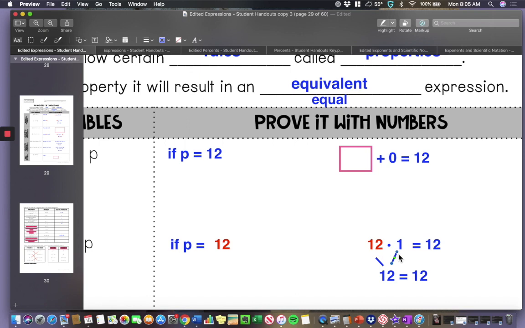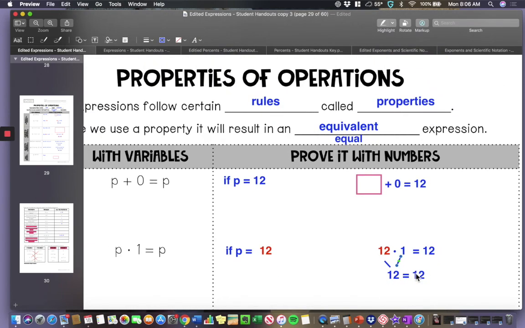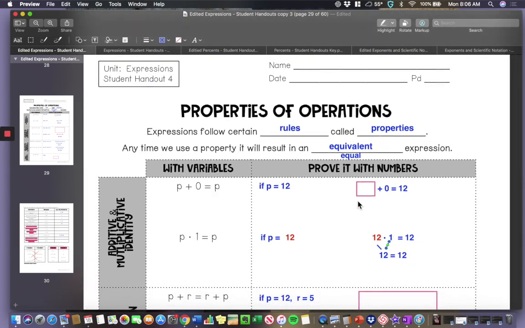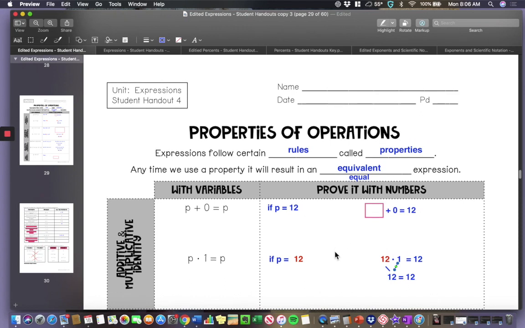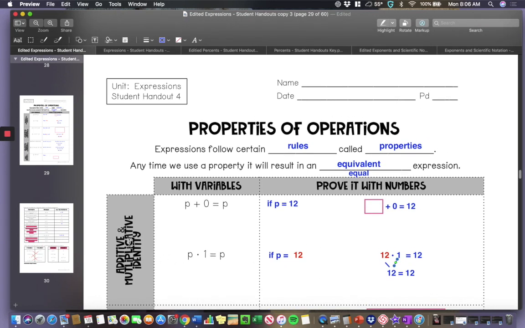We multiplied 12 times 1 on this side, it equaled 12, and on this side, it stayed the same. It was still 12. So again, if I write in a pink box or highlight it in pink, that means that's the answer I want you to write on Cami, so you do not have to write so much on that program. Okay, so when I'm thinking about additive and multiplicative identities, I think a lot about superheroes.